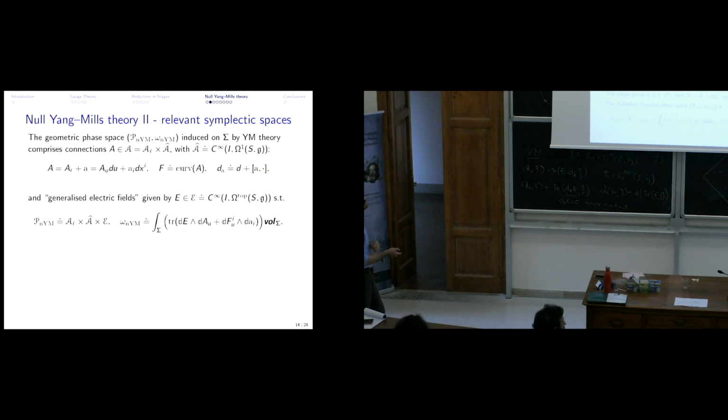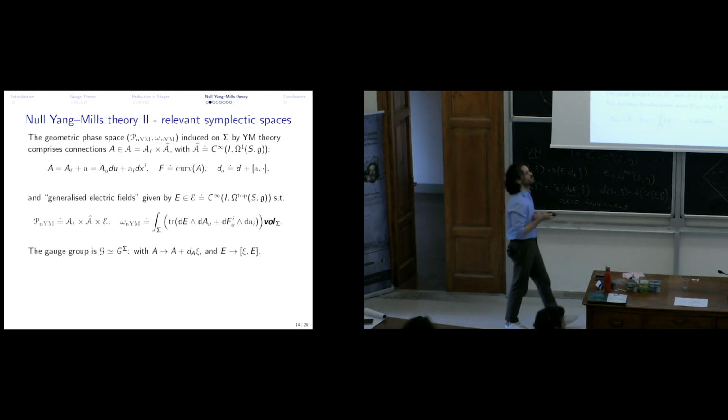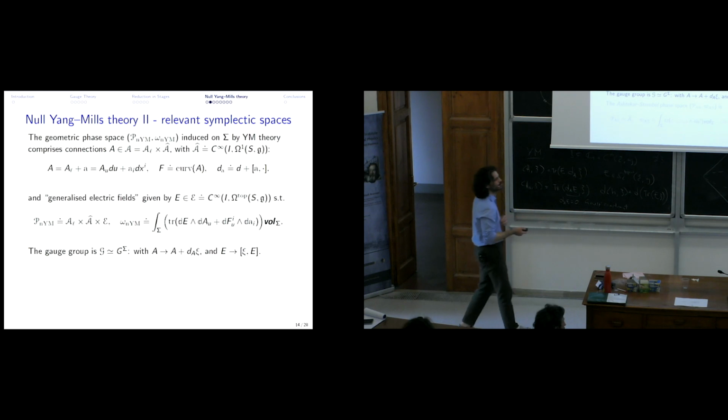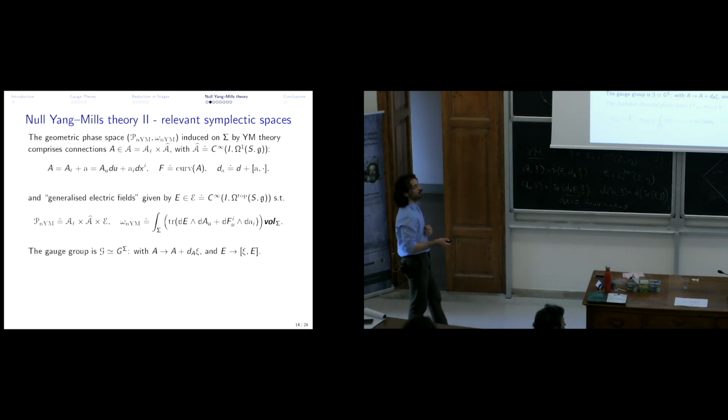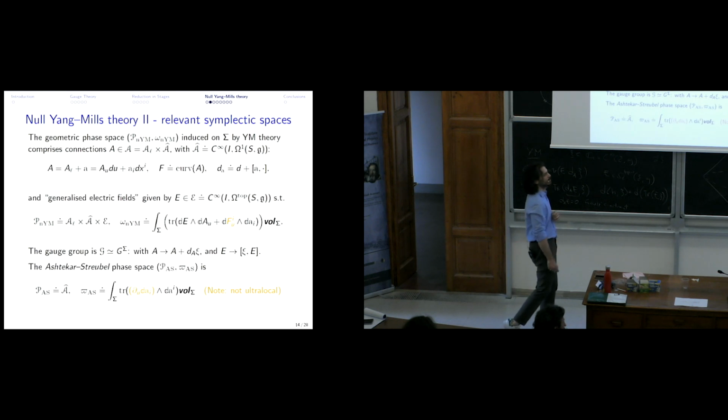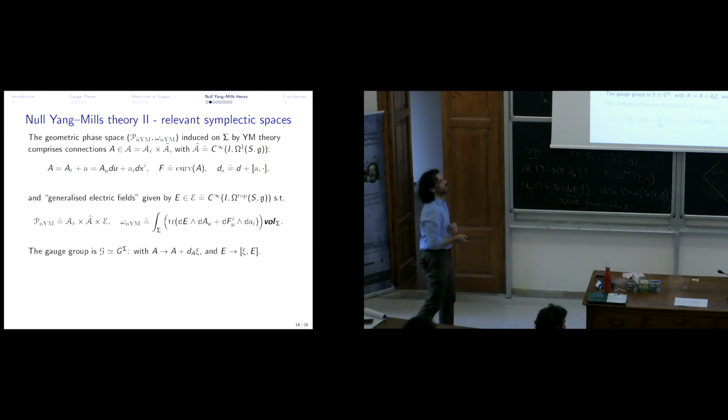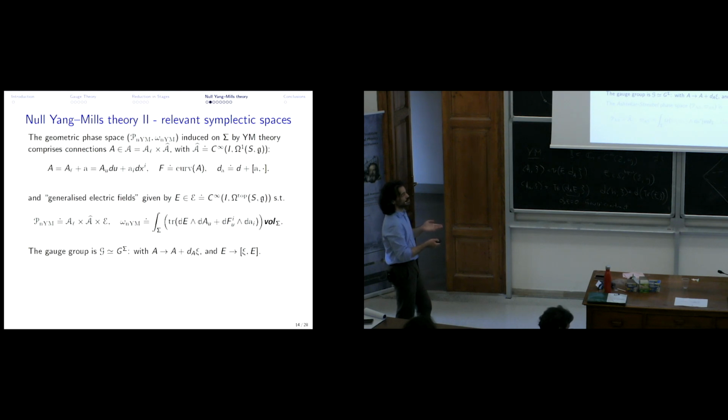So the geometric phase space is given by these connections, these A_U, and these spatial connections, which will play an important role, together with electric fields. This is the symplectic form, and I have a gauge group action, which is just the usual transformation of connections and elements in the adjoint. Okay, so this is just a geometric phase space.